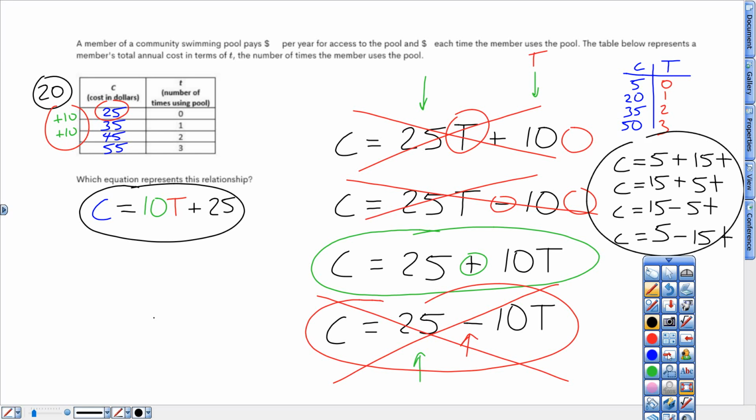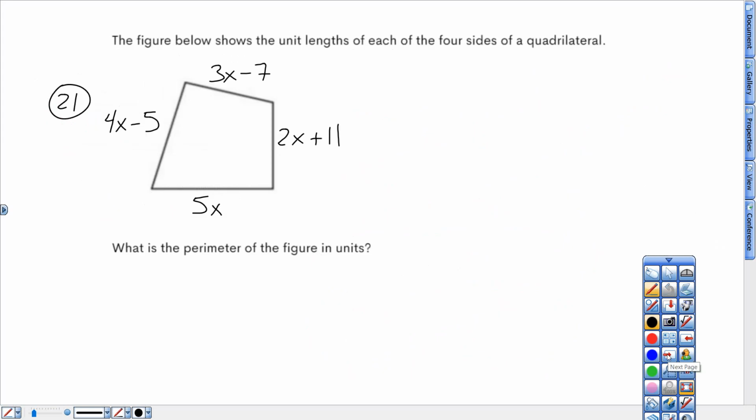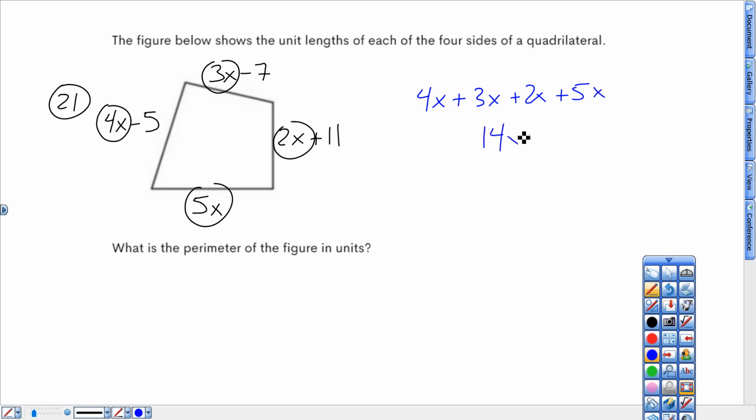All right, 2 more problems. Here we go. 21. 21 just has you add up all these x's. So if I add up just the x's on my calculator, 4x plus 3x plus 2x plus that 5x is going to give me 14 of those x's.